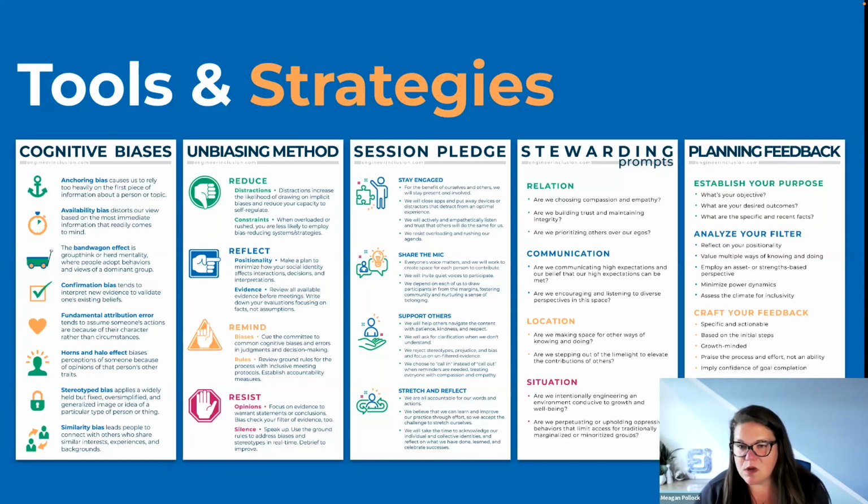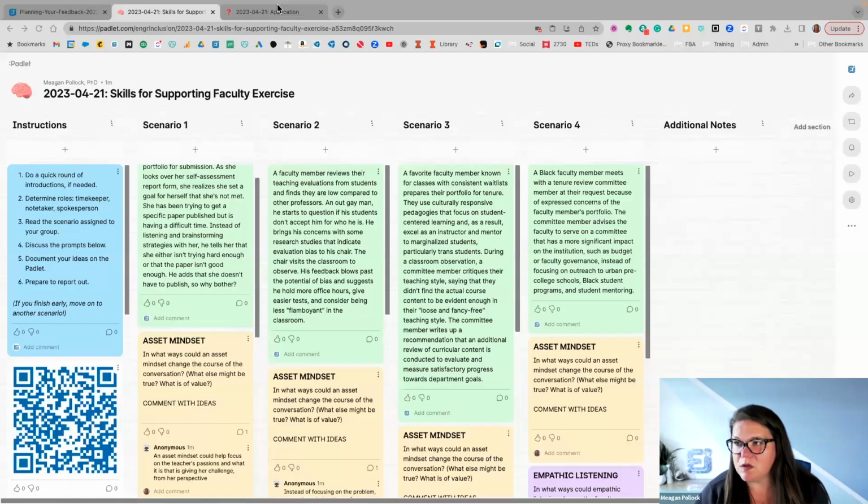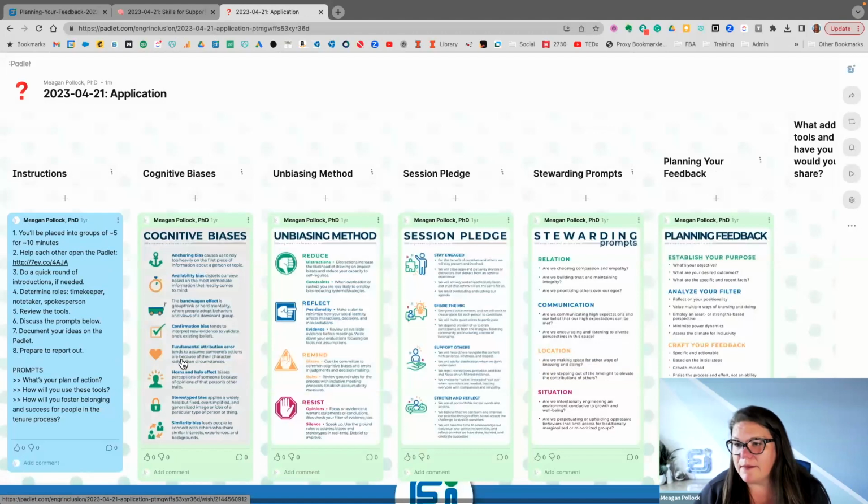And so now we're going to go into some action planning, and I want you to reflect on how you are going to use these tools. I want you to really think about which of these is most relevant to you. So Justin already talked about how he's using the session pledge.